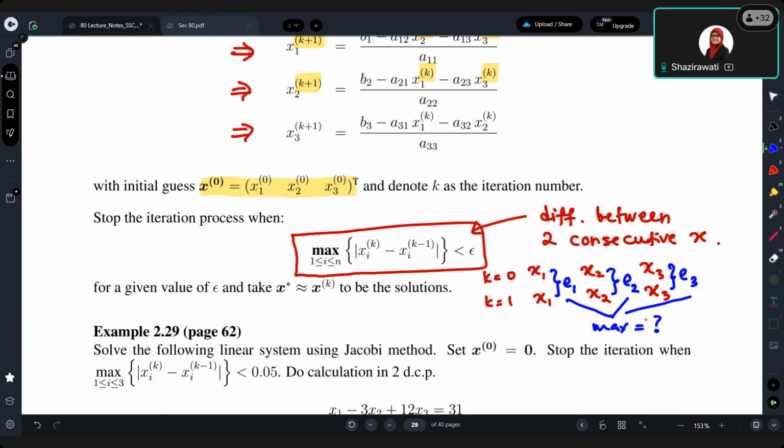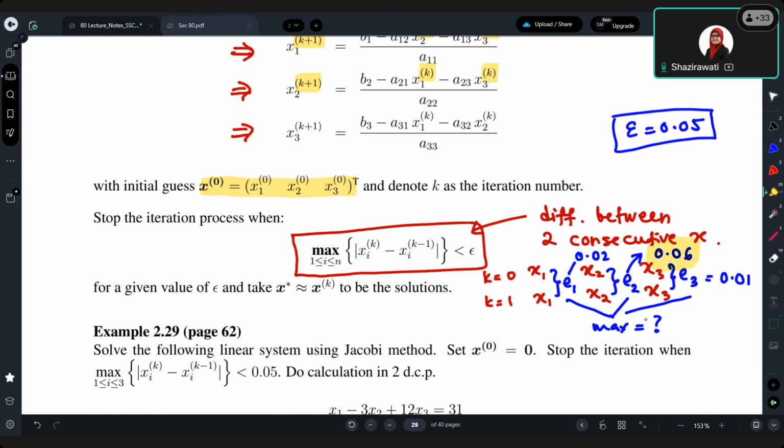And you look, okay, if that maximum value is less than the given epsilon in the problem. Okay, so let's say this is 0.01, E2 is 0.06, this is 0.02. Your epsilon is 0.05. Let's say that is given in the question. Okay, so out of those three values, the maximum is 0.06.